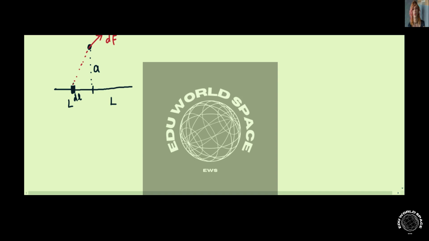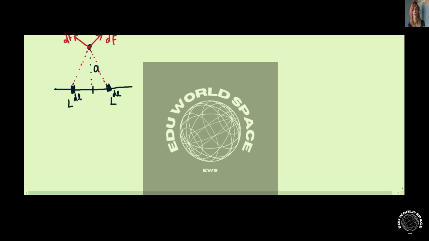Now, to start to think about the direction that the overall force is going to be in, let's think about the fact that there is an identical piece of the line over here, dl, that is the same distance from the center of the line and will exert a force at the same angle in this direction.